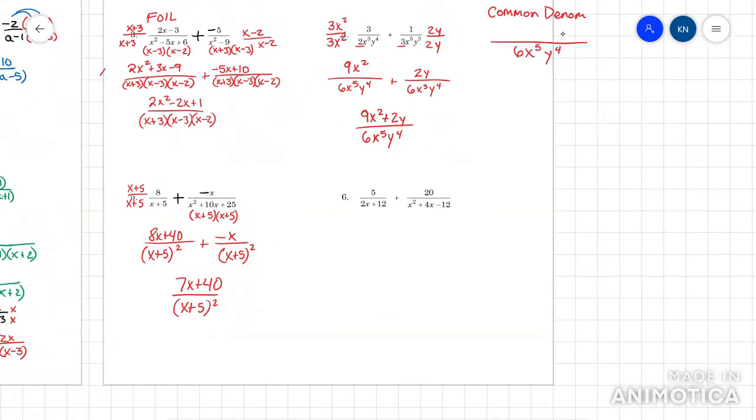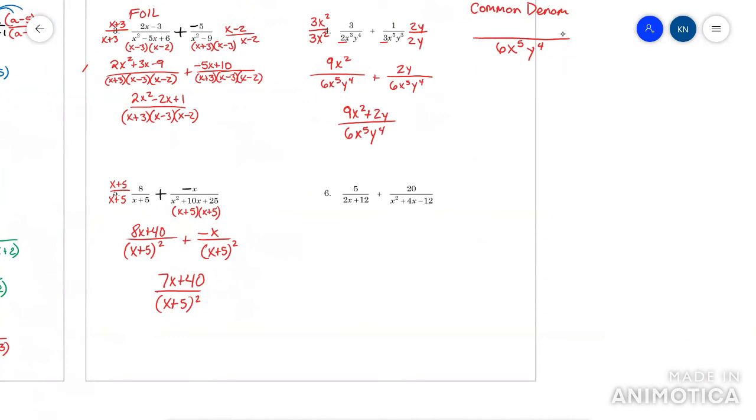Okay, and then this last one. Factor the denominators. This one on the left is a GCF. The one on the right is a trinomial. So to make this happen, the common denominator here is going to be 2x plus 6, x minus 2.